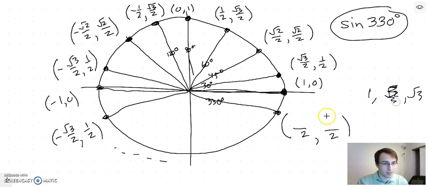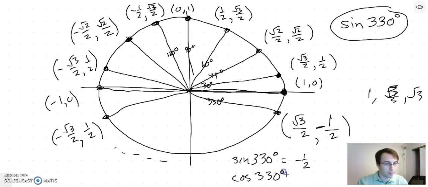So the x part is going to take the root 3, and the y is going to take the 1, and then lastly, y here is negative. So sine 330 degrees equals negative 1/2. We also know cos 330 degrees equals root 3 over 2.